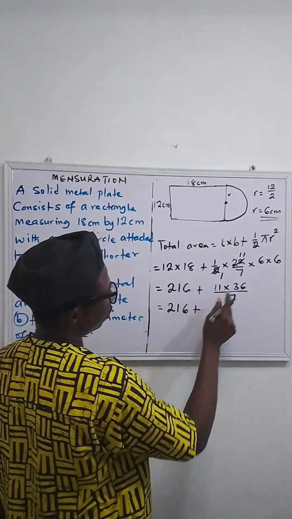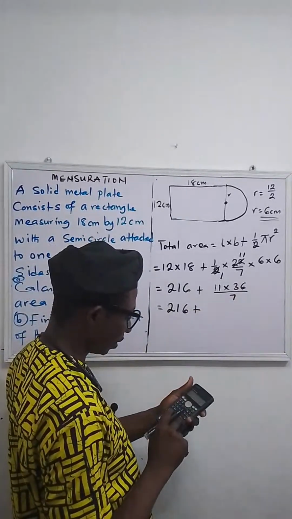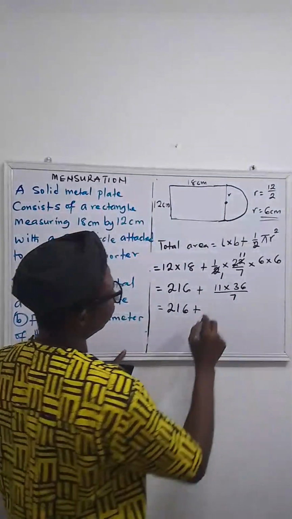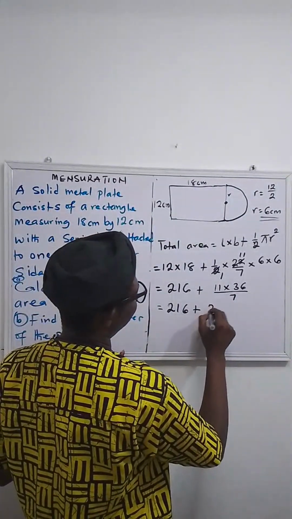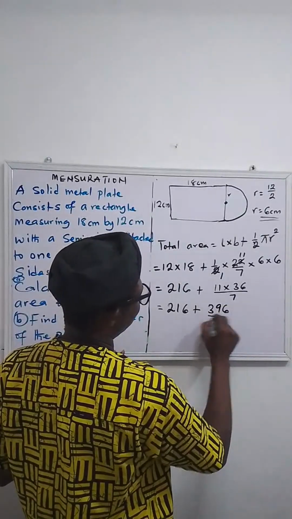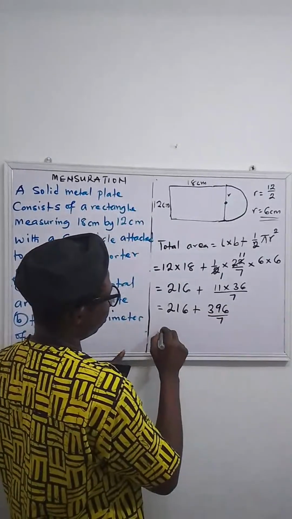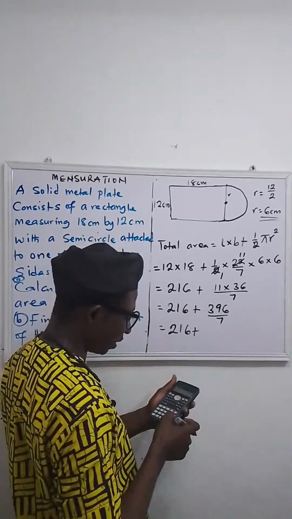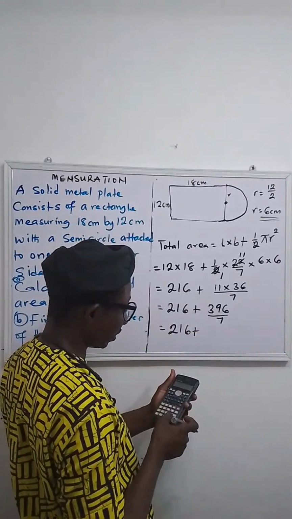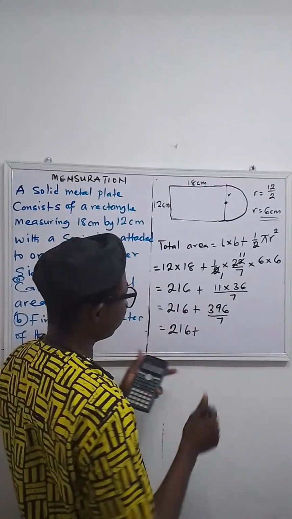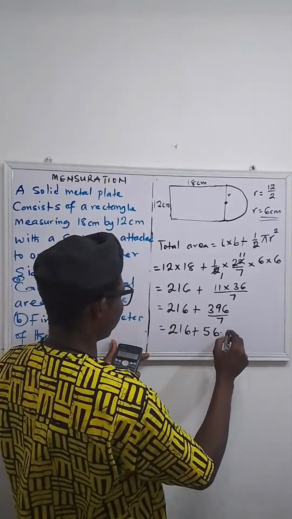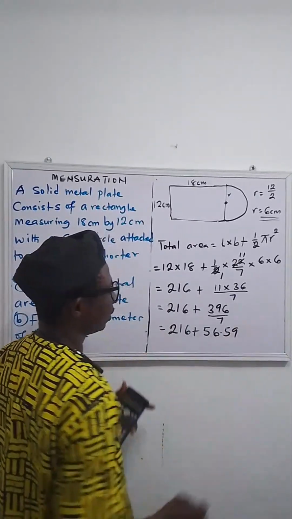So we have 216 plus. Let's multiply that. 11 times 36 gives you 396 over 7. Let's divide that by 7. So what do we have? We have 56.59.